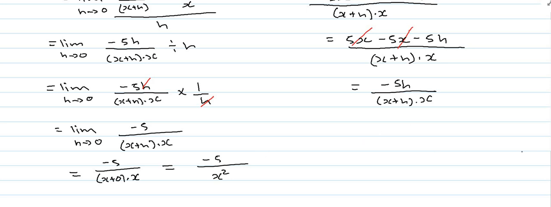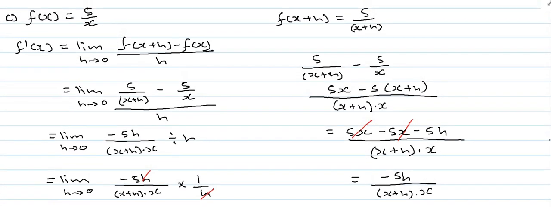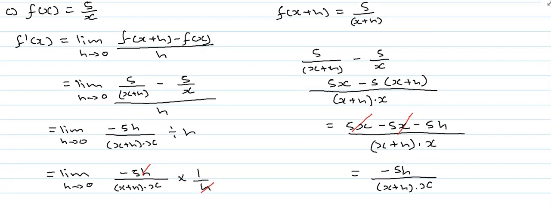Then let's do a quick recap. I said determine the derivative from the first principle if f of x is given by 5 over x. Then we said the formula for the first principle is f prime of x is given by the limit as h approaches 0, f of x plus h minus f of x all over h.